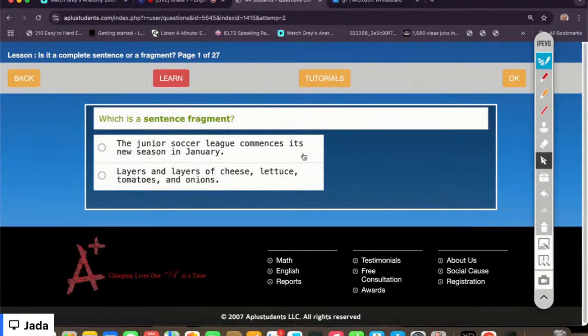All right, so which is a sentence fragment? The Junior Soccer League commences its new season in January. Layers and layers of cheese, lettuce, tomatoes, and onions. What is the sentence fragment here?